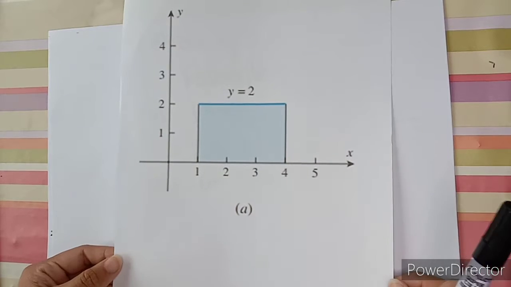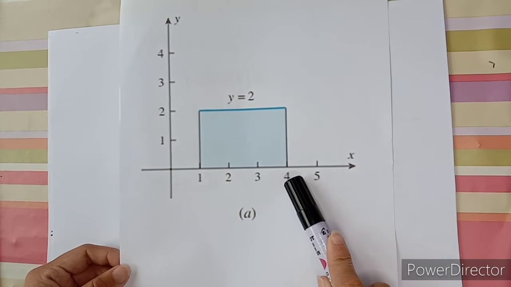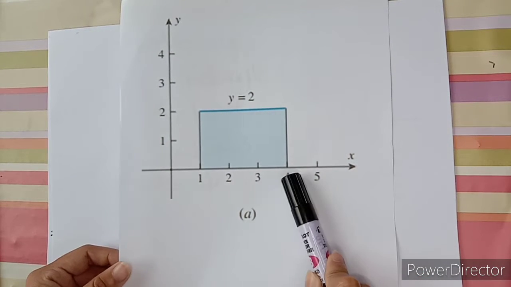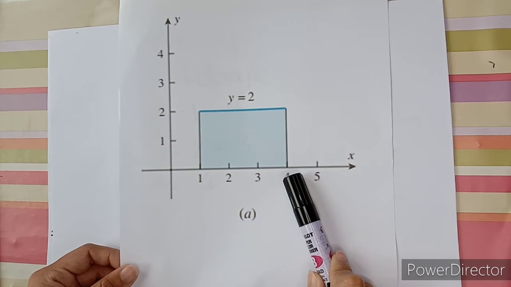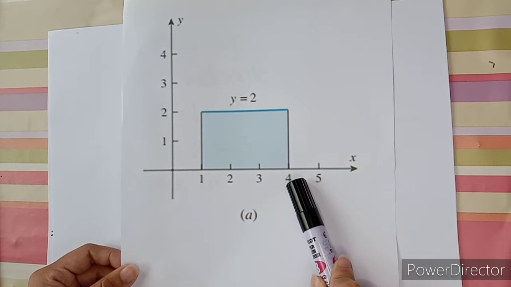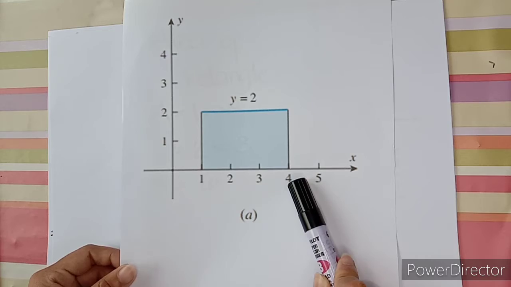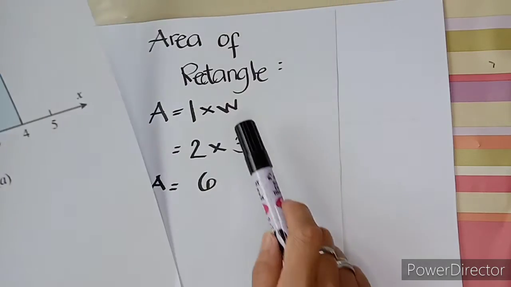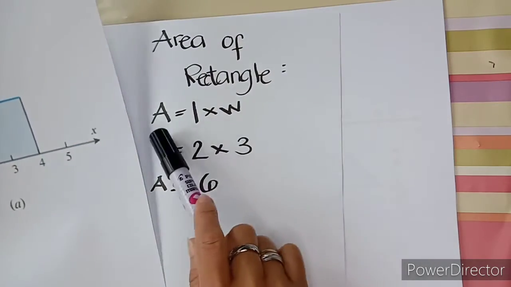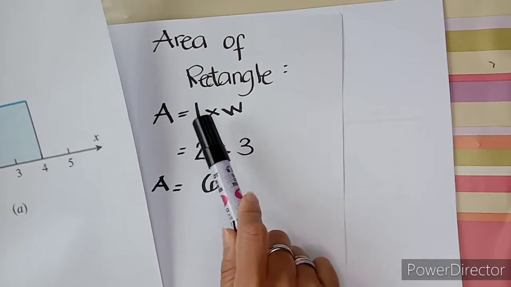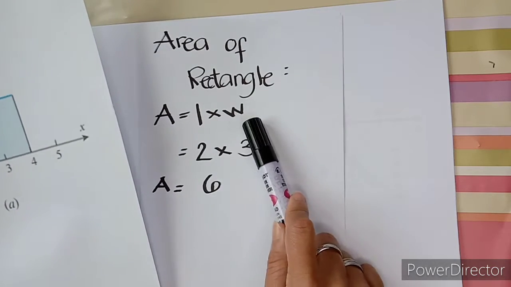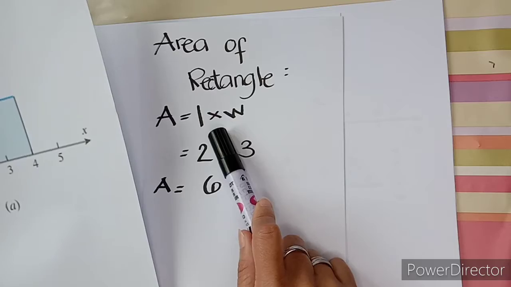Just by looking at this graph, we can use the formula from geometry, where the area of a rectangle is A equals L times W, length times width.